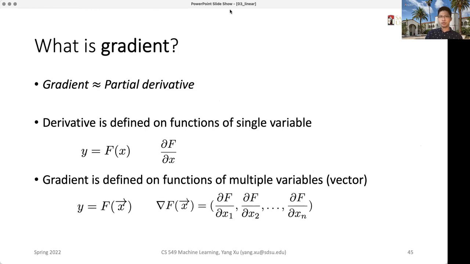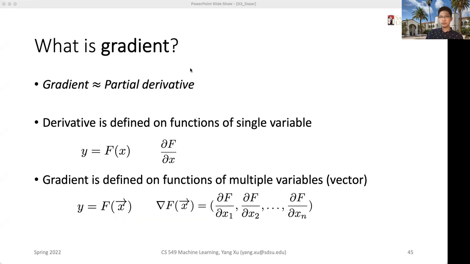When the function is defined on a vector x with multiple dimensions, the gradient is the partial derivatives with respect to the first dimension, the second dimension, and so on to the last dimension. Of course, we can replace x with whatever other notation we have, for example theta. It's basically the same formula.